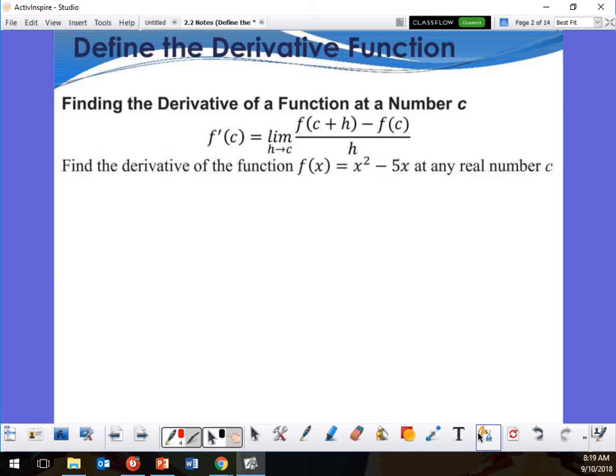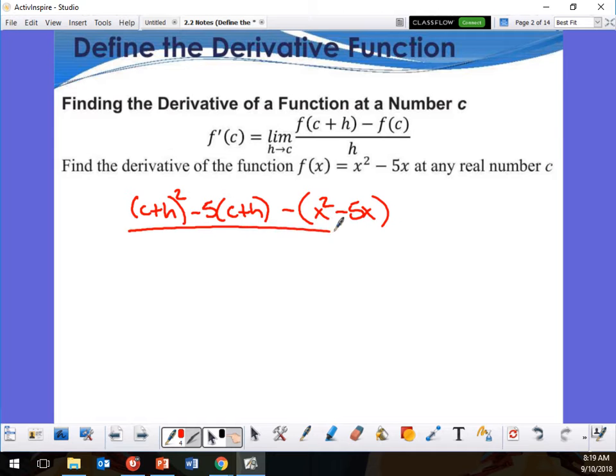That would be (c plus h) squared minus 5 times (c plus h), minus the whole thing, x squared minus 5x, all over h.